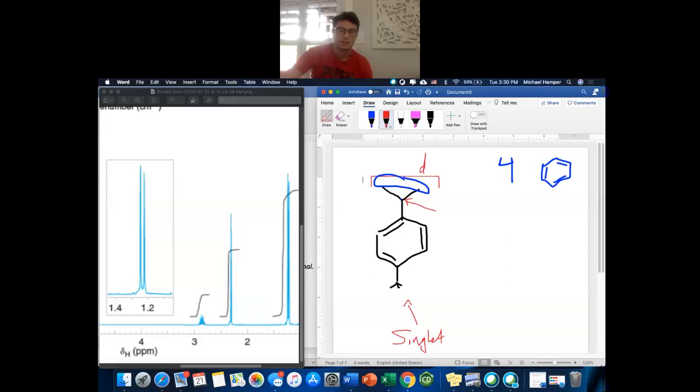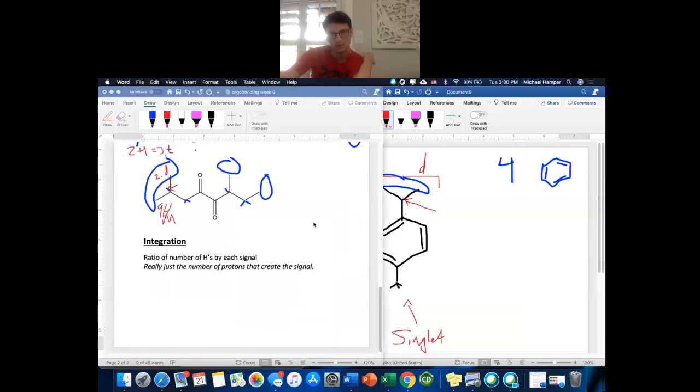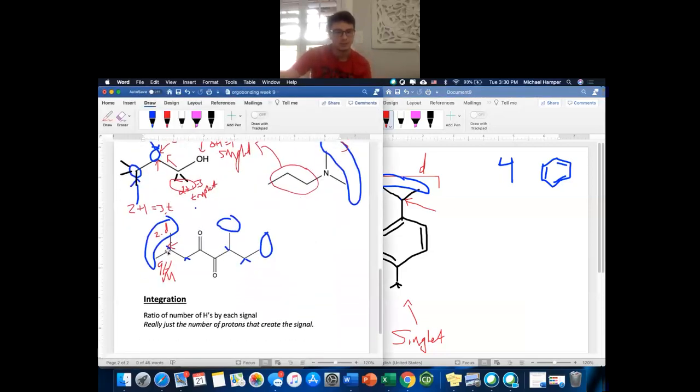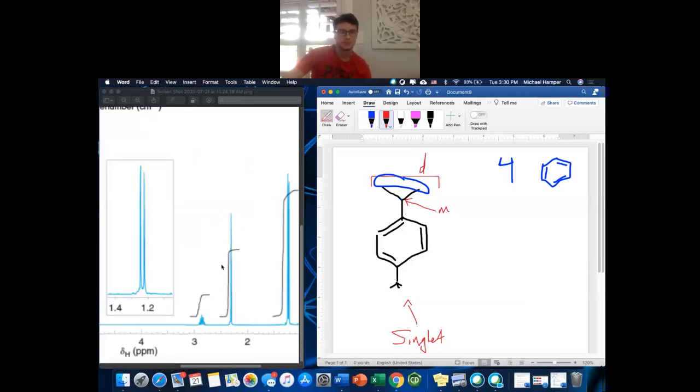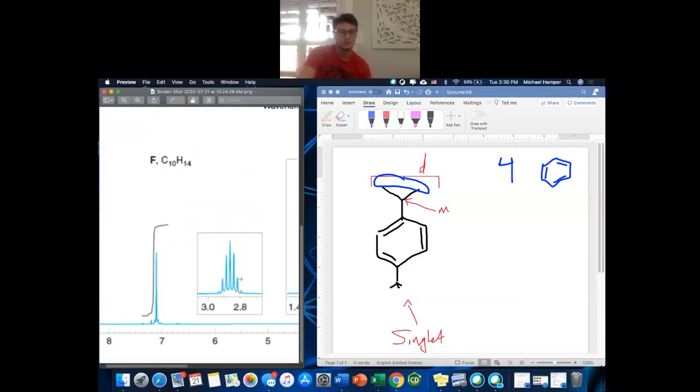It'll turn out to be a septet because, like this example here, you have 6 hydrogens and no other neighboring ones, so 6 plus 1 is 7, so it's going to appear as a big multiplet, which matches up.